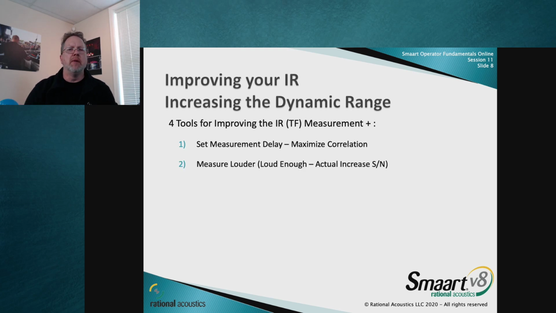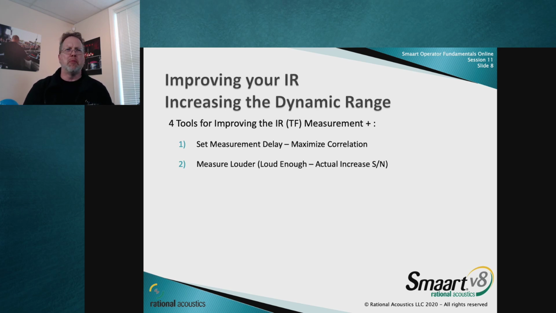The second thing is measuring louder, or loud enough. You don't have to have it ear-bleedingly loud, but you want both your acoustic level and your actual signals coming into Smart at good solid levels so that you can get a good solid measurement. So that's one of the things we want to do when we set up our measurement: get our levels set. You don't want to be down near the noise floor of your input device.